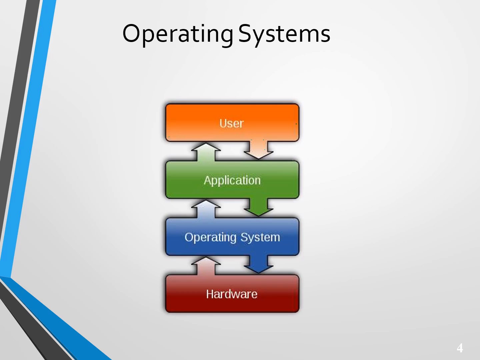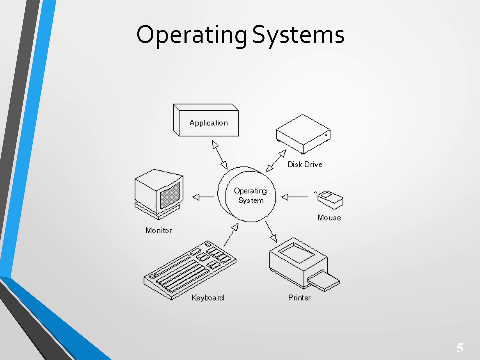Hardware can be CPU, disk, memory, etc. In this figure, operating system is an interface between user and hardware or any other application. Operating system is at the center location and it is interfacing with application, disk drive, mouse, printer, keyboard and monitor.